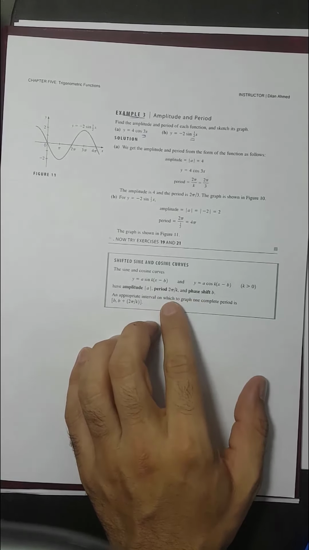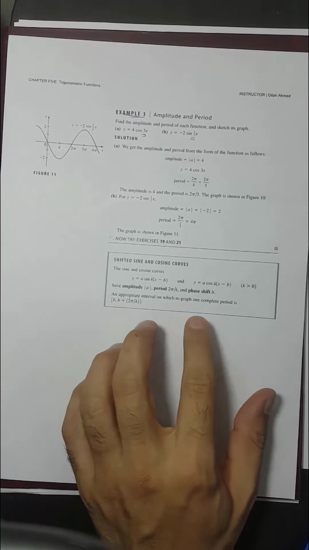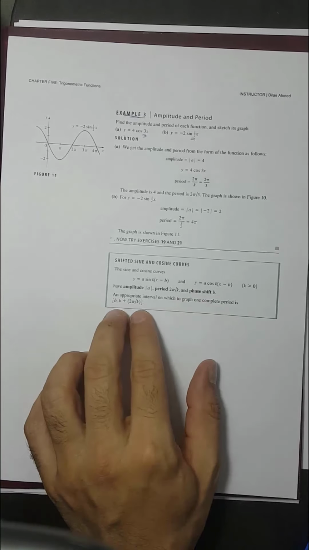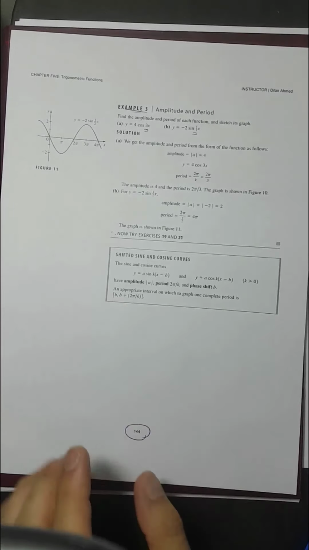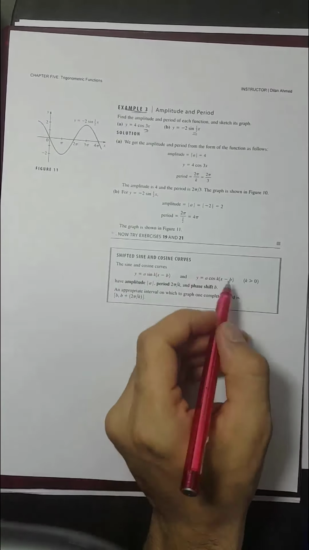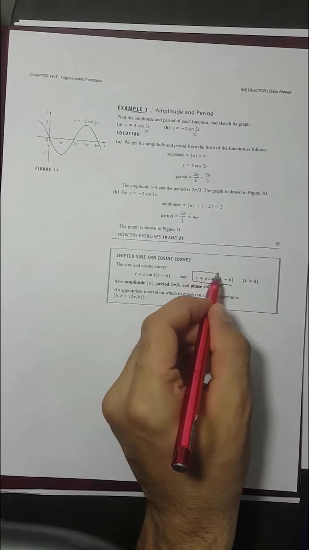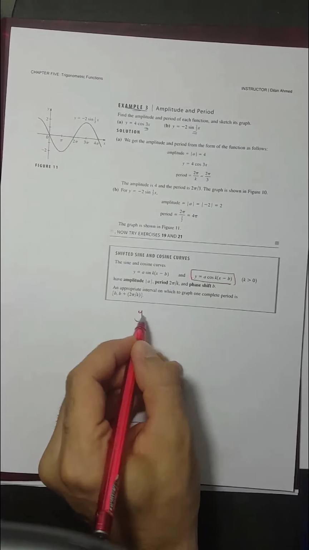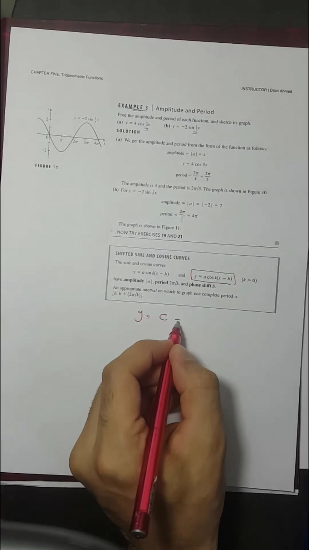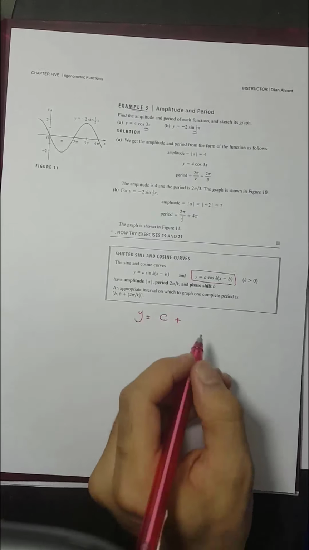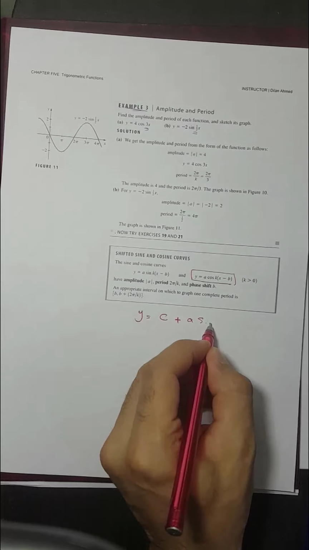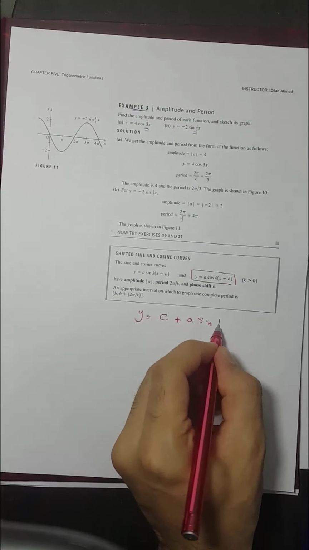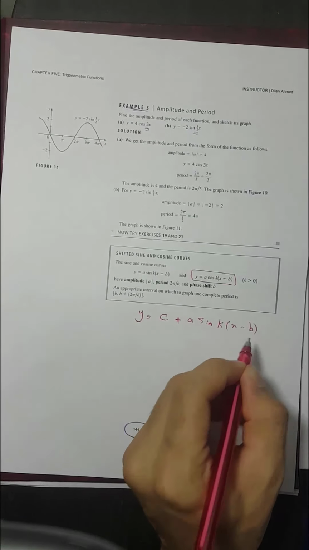in the sine and cosine, and how we find the phase shift, and how we find the complete period. You can just see this formula. So I changed it for you to the general formula: c plus or minus a, for example, sine of k x minus b.